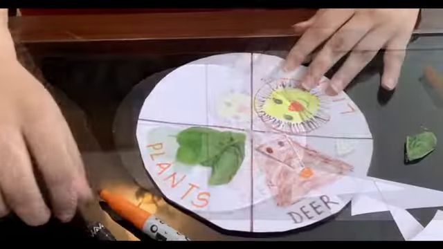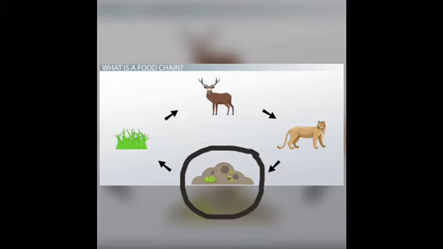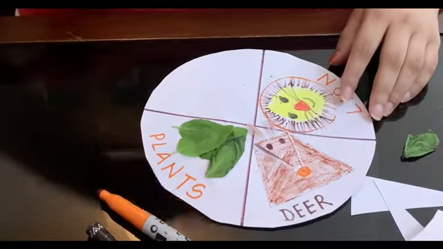Now for the last, let's make the last stage, that is the decomposers, in which the bacteria or fungi in soil, when animals die, these bacteria or fungi decompose their body, which convert into nutrients, and these nutrients help plants to grow. So the chain continues like this.